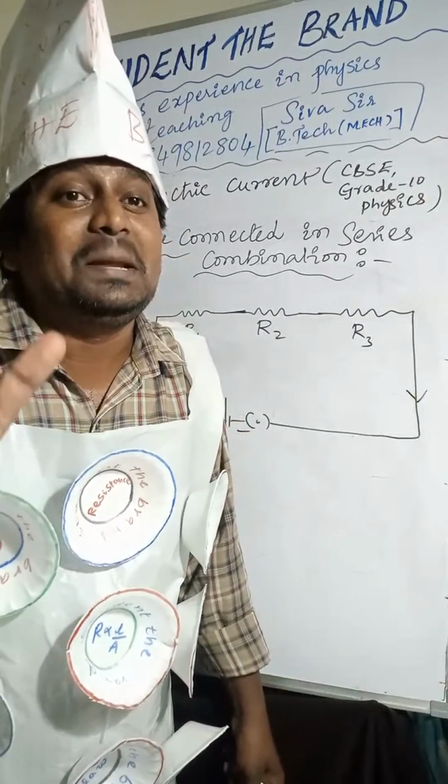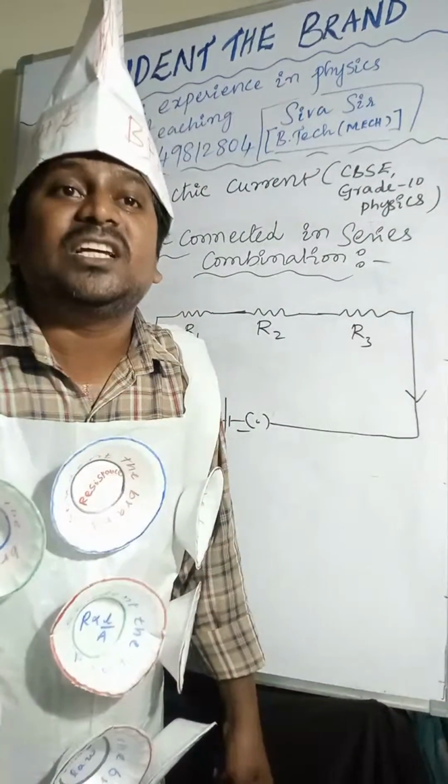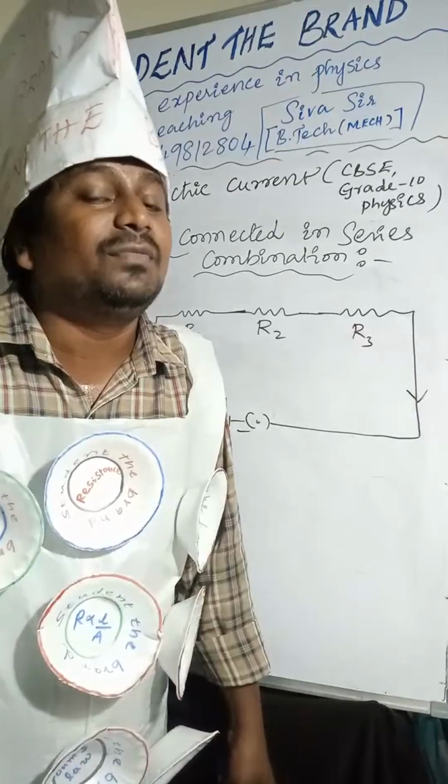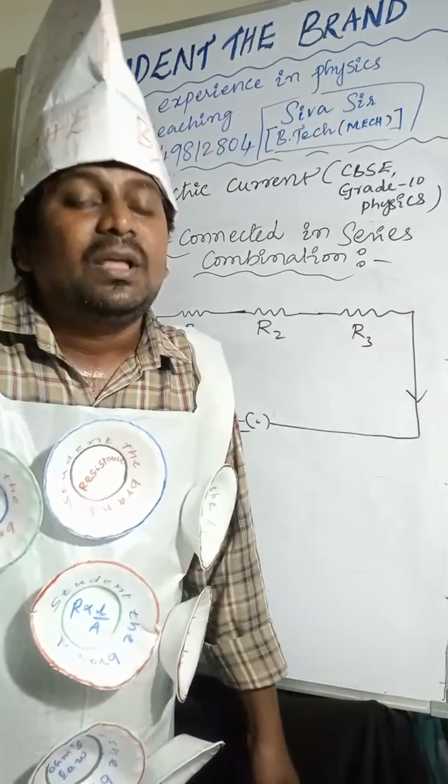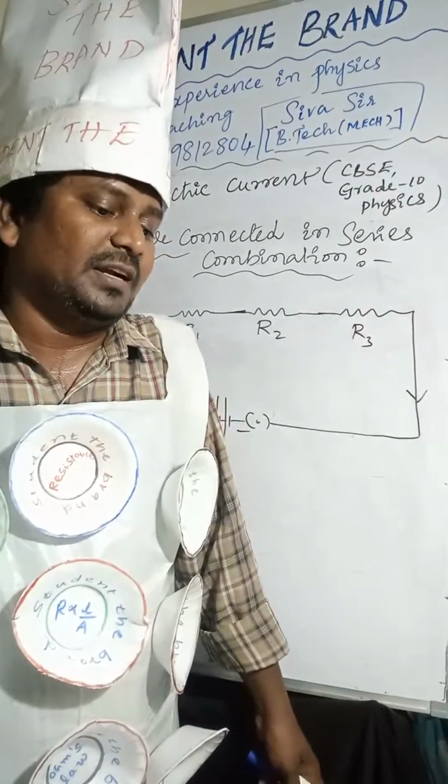Why do we connect in parallel combination? We can switch off the fan, switch on the TV, so different appliances can be turned on separately at different timings.